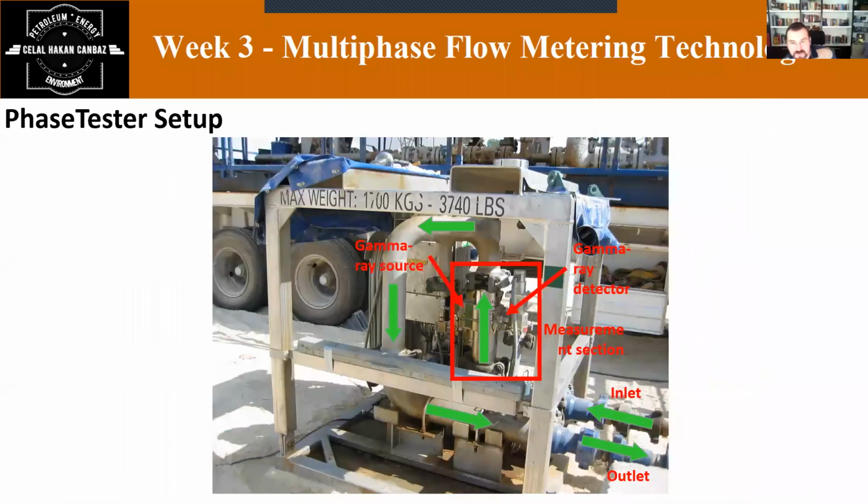This is the actual device, as you can see. It's part of your line. How does it become part of your line? This is the inlet part. Your flow comes from your wellbore wellhead and comes through to here. The length from your wellhead to here may be 5, maximum 10 meters.